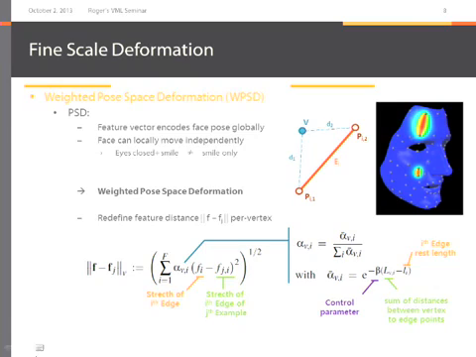Then this distance is somehow summed over all the vertices. So that means that the contribution of this edge will only affect this vertex, not this one here. So in this setup, the summation is over the edges.